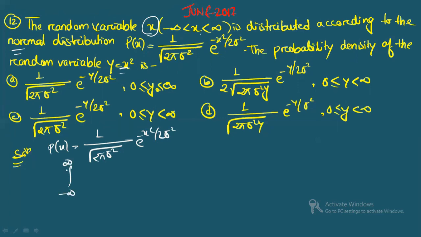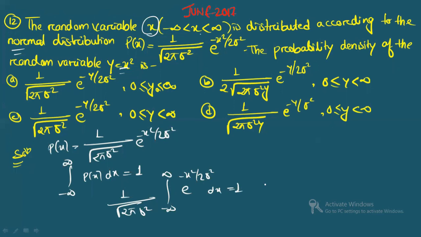The limit for x will be minus infinity to plus infinity, and the integral of P(x) dx is equal to 1. This is how we are calculating. You can see the lectures if you're having any problem. That means we're writing the integral of f(x) dx from minus infinity to plus infinity equals 1. So 1 by root over 2 pi sigma square is a constant, I'm taking it out, and here I'm writing the integral from minus infinity to plus infinity of e to the power minus x square by 2 sigma square dx, and this equals 1.